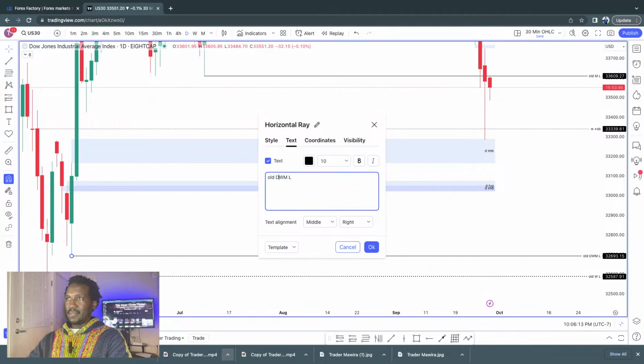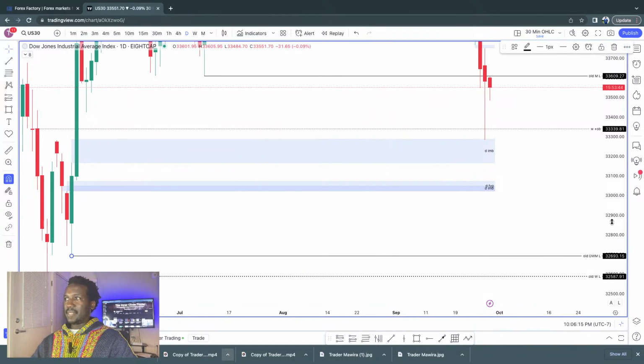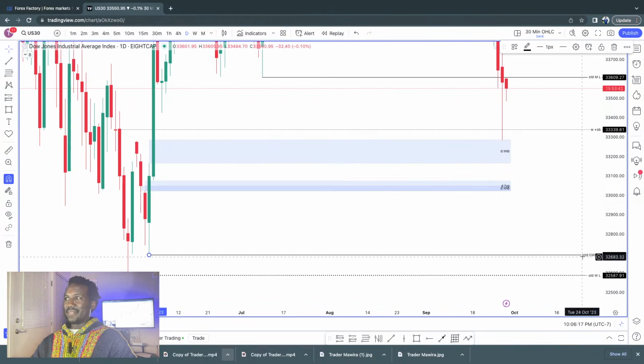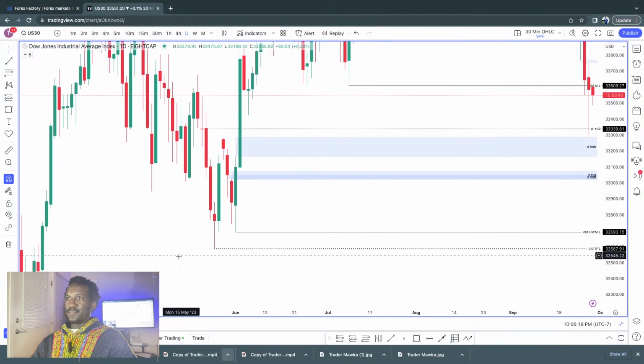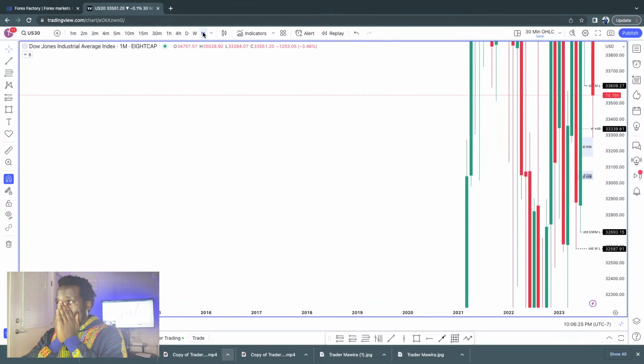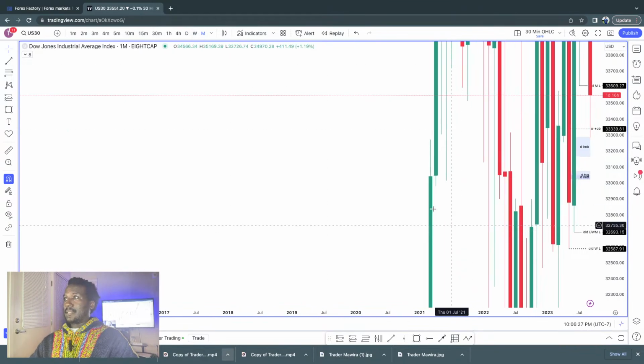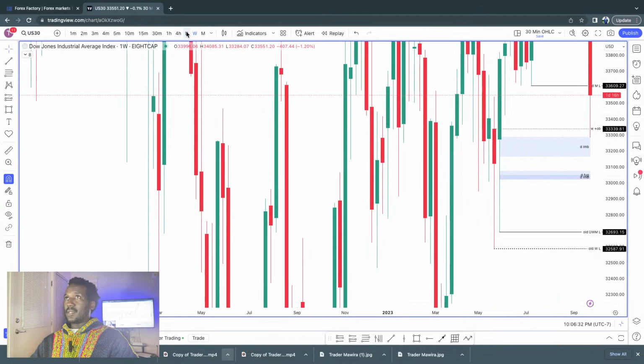I can just do DWM and I'll know what I'm talking about: daily, weekly, monthly time frame. So I hope none of that is confusing. This also seems to be the same thing. It is a monthly and a weekly low and a daily low.